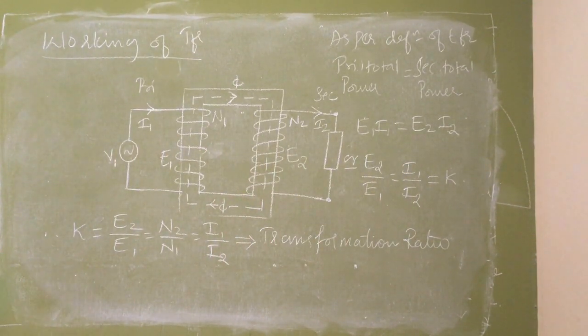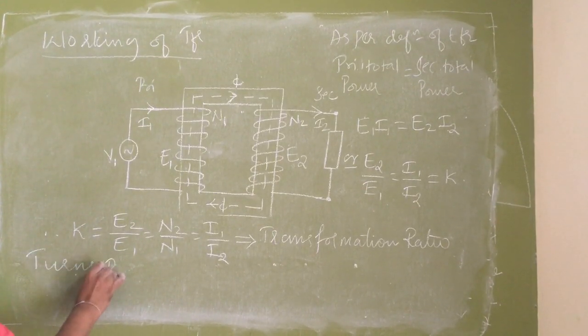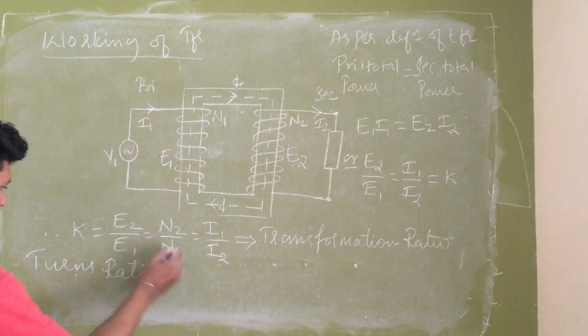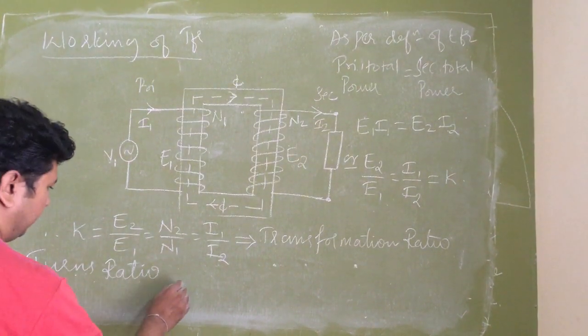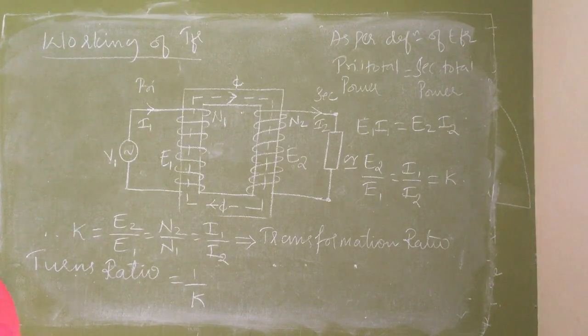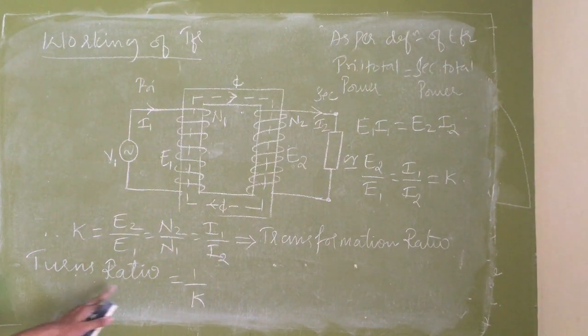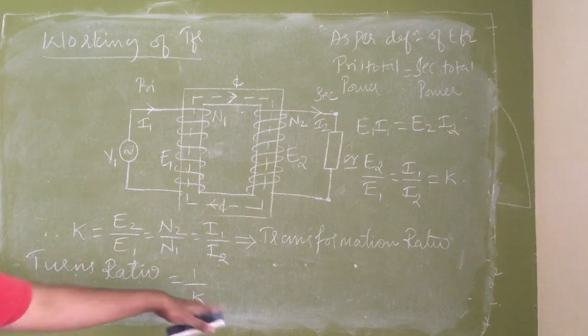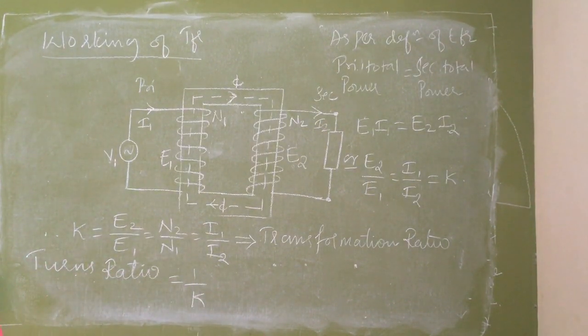Now we get one more term called turns ratio. Turns ratio is always equal to the reciprocal of K. Turns ratio is 1 by K, which is equal to E1 by E2, equal to N1 by N2, equal to I2 by I1.